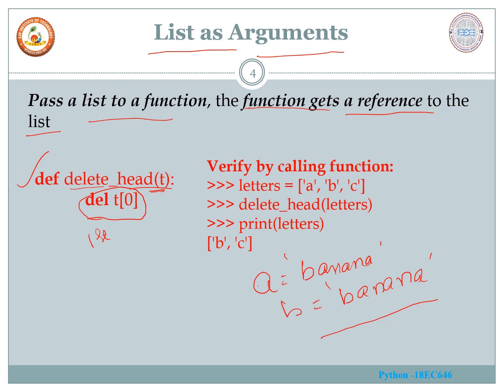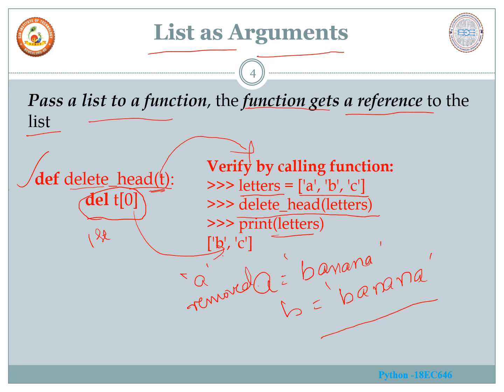Now, when I apply this function in my program, where I have defined the variable letters with a list, and I call that function delete head on the variable letters, and if I try to print letters, definitely this will be applied here. So the first element, that is A, is removed.